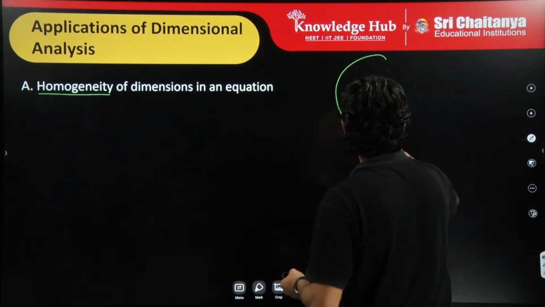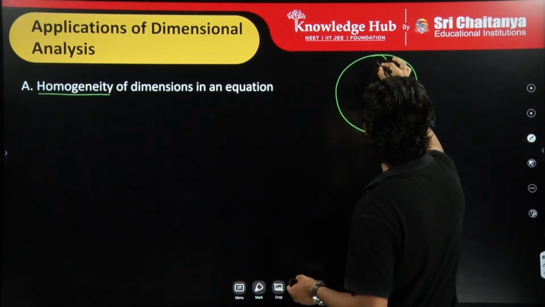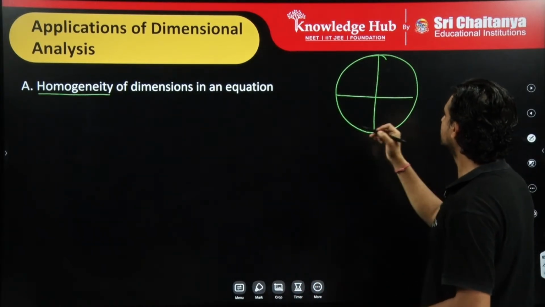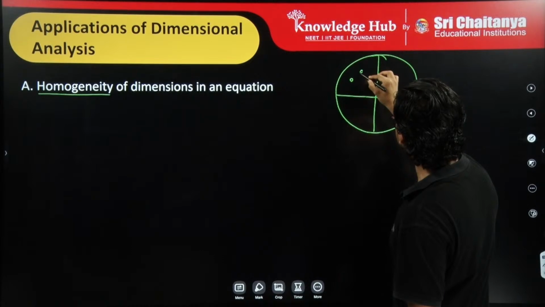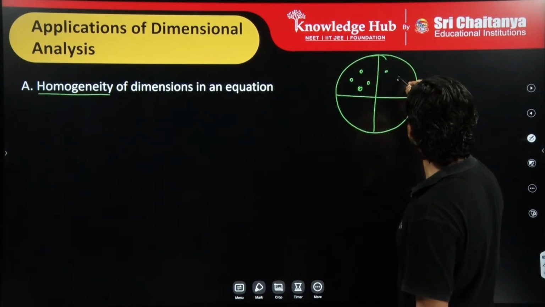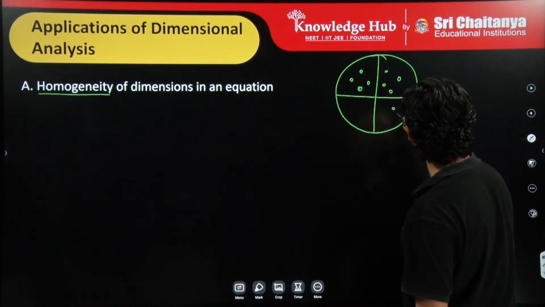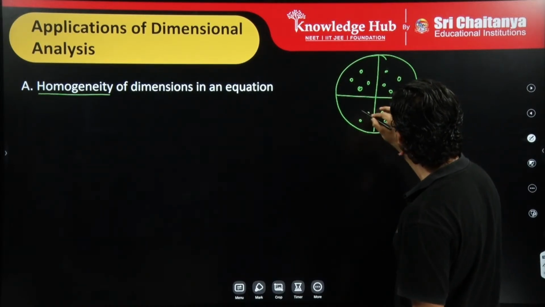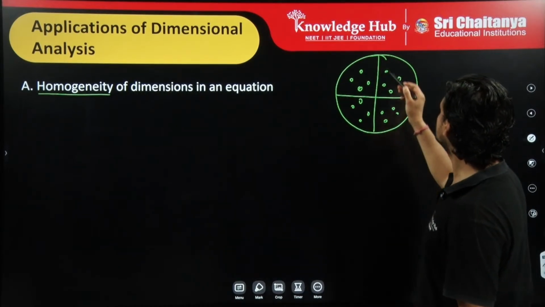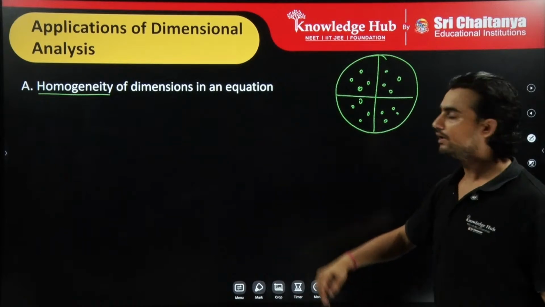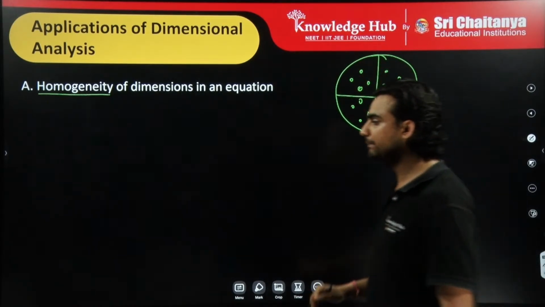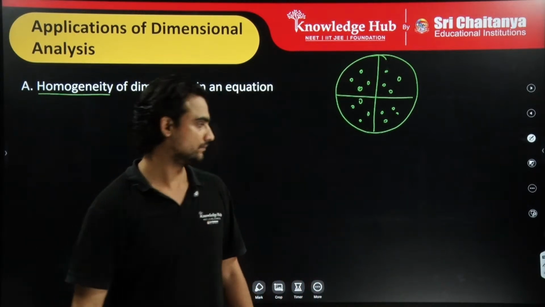So what is homogeneous? Let's say I take this area and I divide it into 4 parts. Let's say there are 4 people standing in this part, 4 people standing in this part, 4 people in this part, and 4 people in this part. Then I will say that it is homogeneously distributed, that at each and every point, I have 4 people standing in each quarter of the circle.